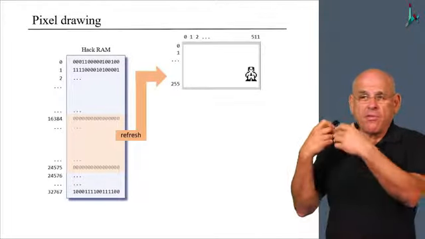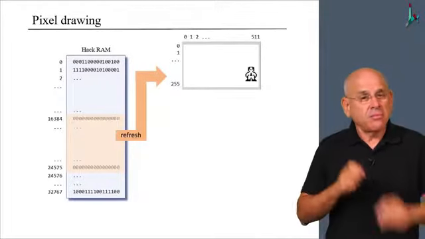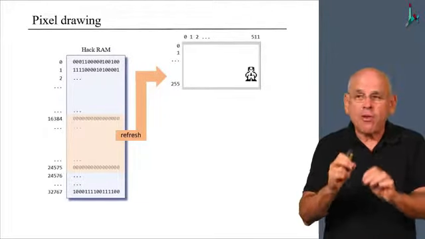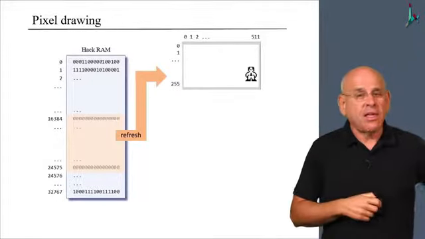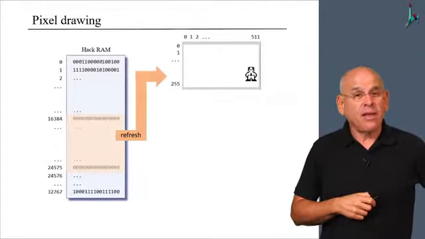So that, if you want to draw this figure here, once again, we actually draw it in memory, and then everything else is taken care of automatically by the refresh routine.